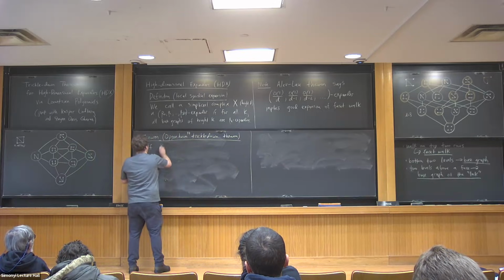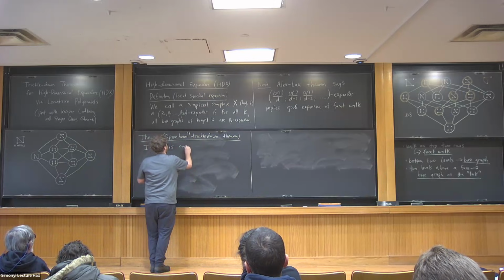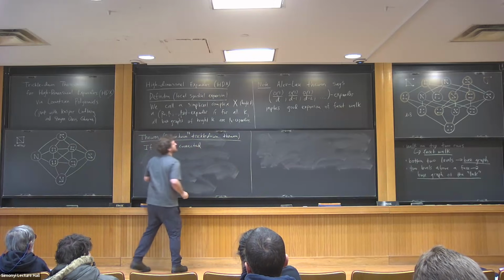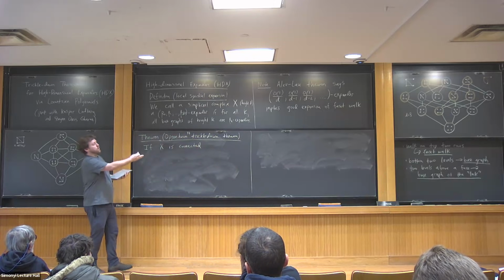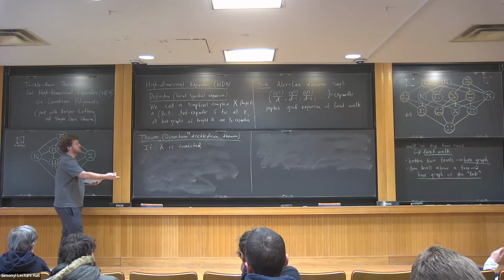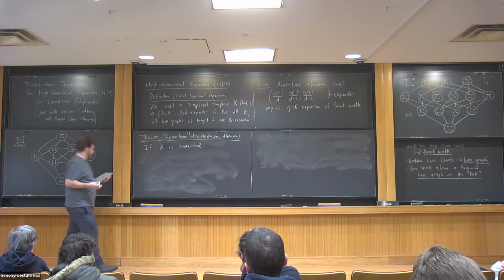Okay, and the theorem says if X is connected. I haven't told you what this means, but all this means is that if you look at all of the base graphs of all of the links, the graphs are all connected. That's all this means.